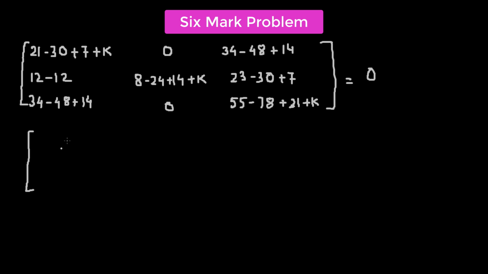Let's do the final manipulation. So 7 plus 21 is 28, 28 minus 30 is negative 2, so we'll be left with k minus 2. Then the next entry will be 0.